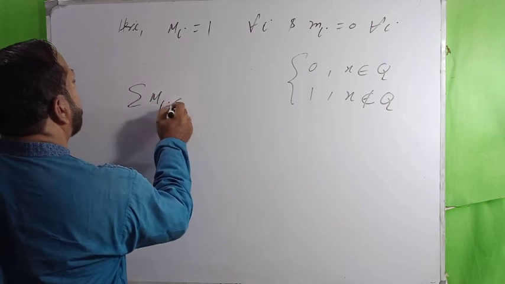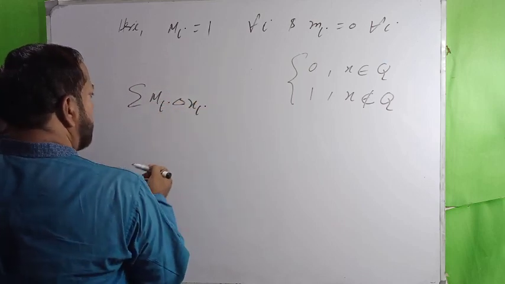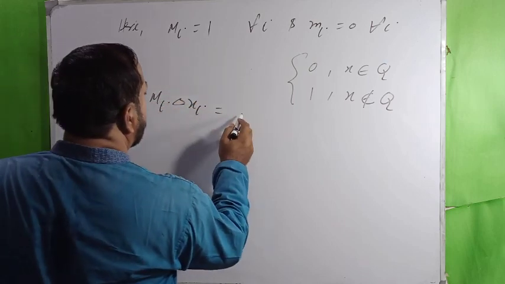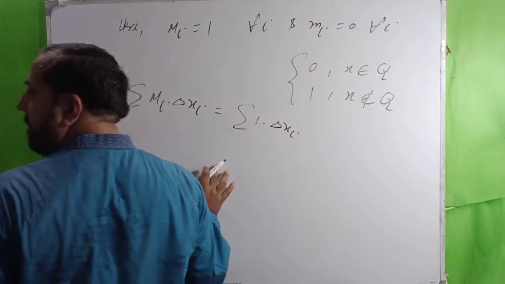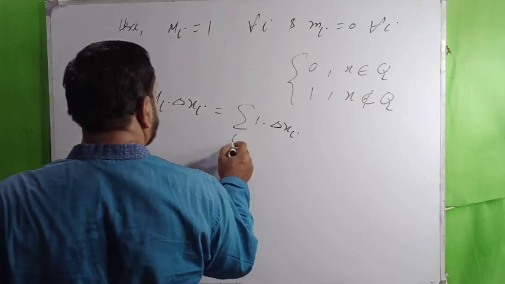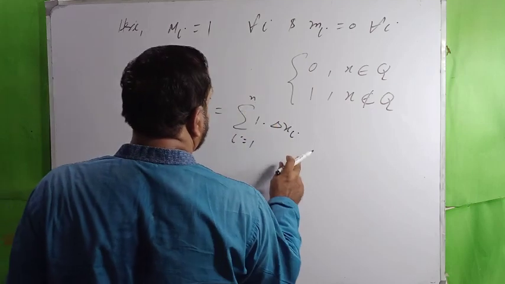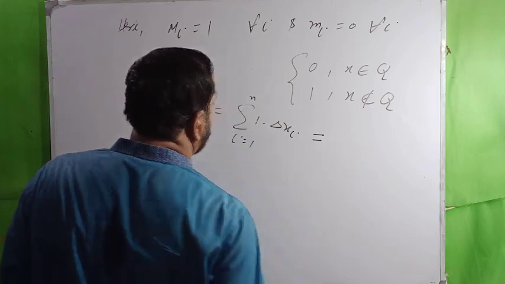So that's why the summation of Mi delta xi is equal to the summation of 1 into delta xi, i from 1 to n, and what is delta xi?